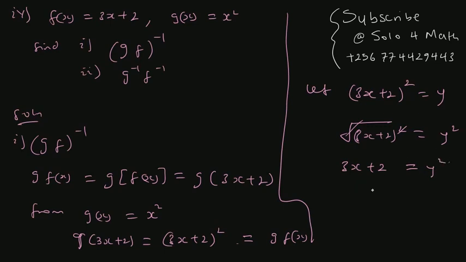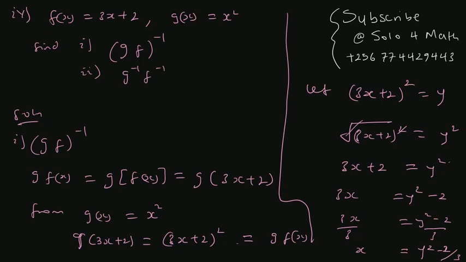So take the 2 to the other side, so we have 3x equals square root of y minus 2. And then finally we divide by 3 on both sides, and your x is equal to (square root of y minus 2) over 3.